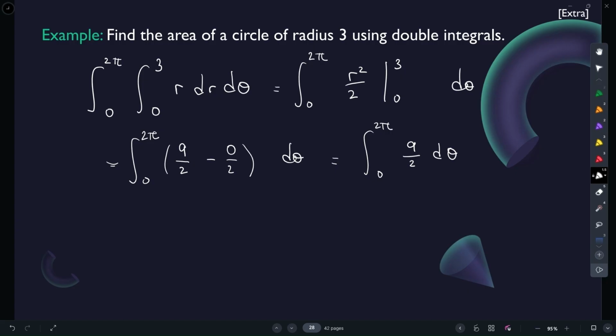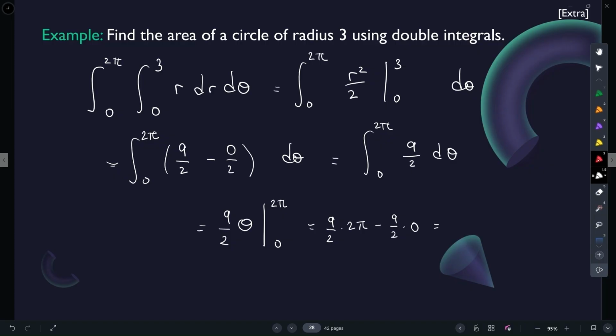Okay, that is just a constant. 9 divided by 2 is a constant. So when I integrate with respect to theta, I get 9 divided by 2 theta, and I'm going to evaluate between 2 pi and 0. That is 9 divided by 2 times 2 pi minus 9 divided by 2 times 0.